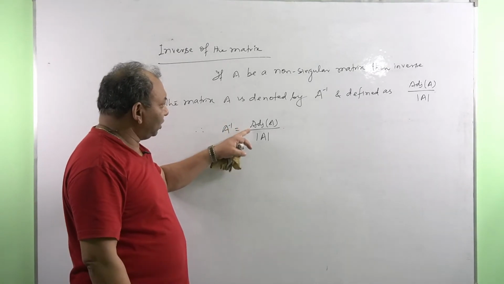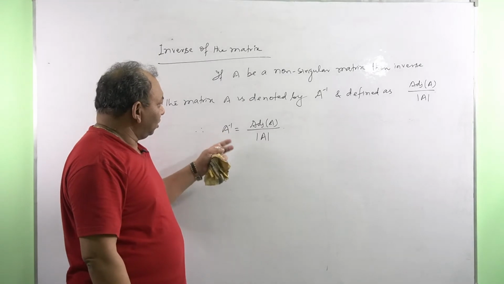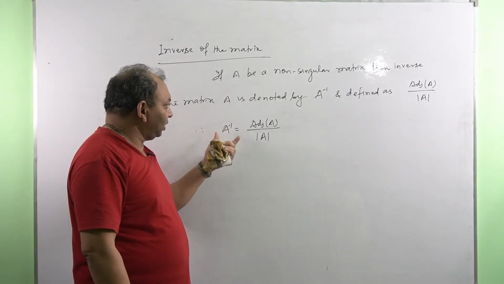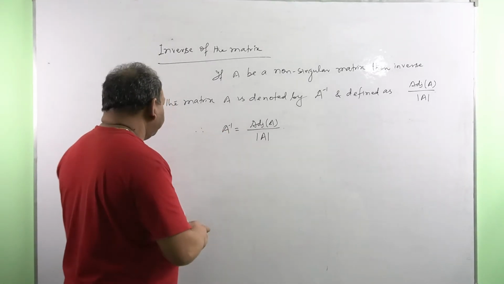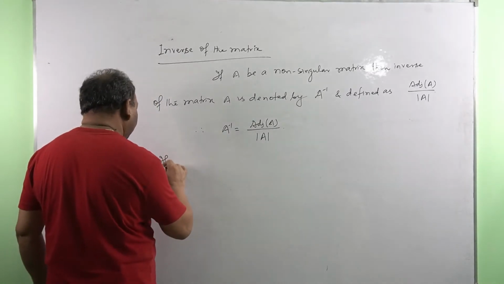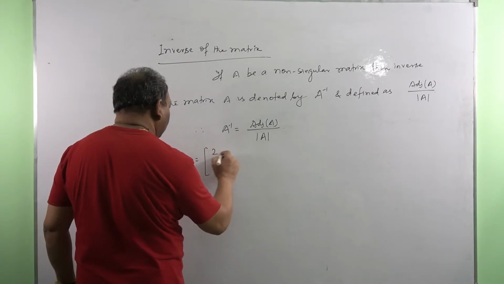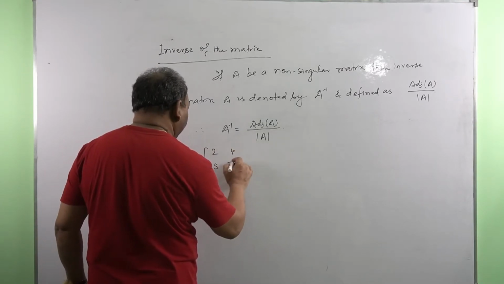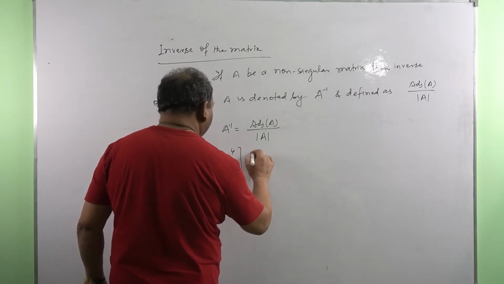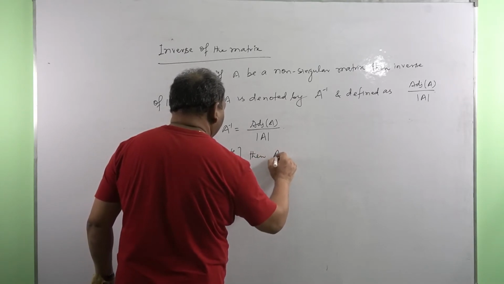We have found the adjoint of the matrix. Now we will find the inverse of the matrix A. So if A is equal to [2, 4; 5, 7], then find A inverse.